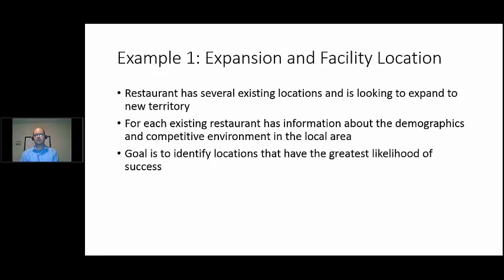For each of their existing restaurants, they've got information about the demographics and the competitive environment in the local area. And what they want to do is to use that information to identify new locations that would have the greatest likelihood of success for installing their future locations.